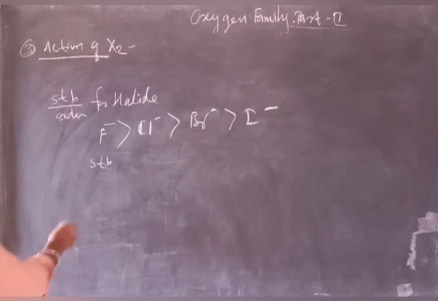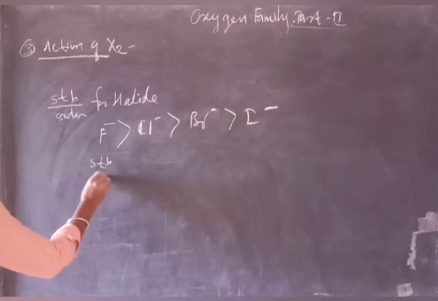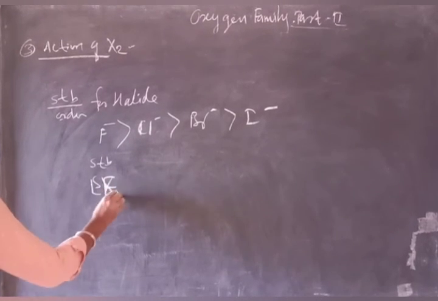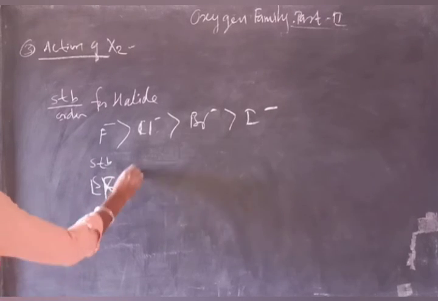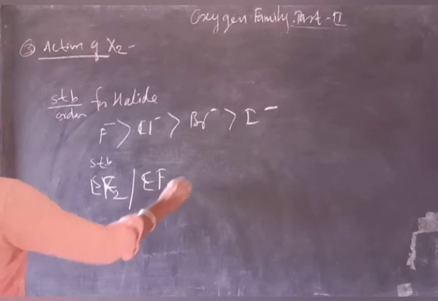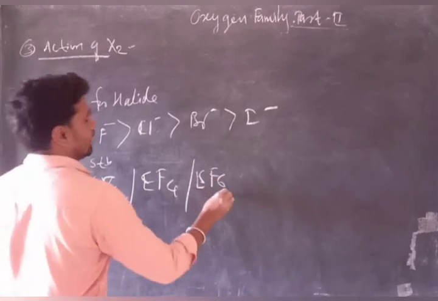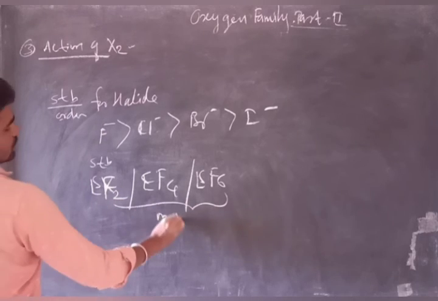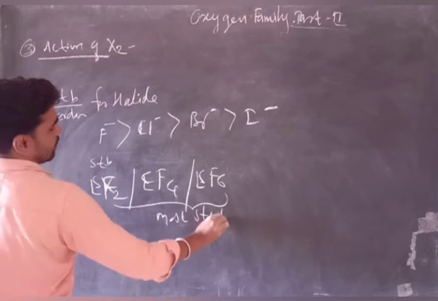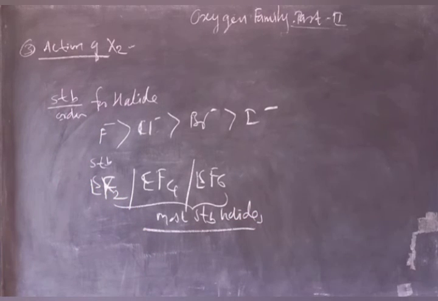So we can judge that among difluoride, tetrafluoride, and hexafluoride, these are the most stable halides of the oxygen family.